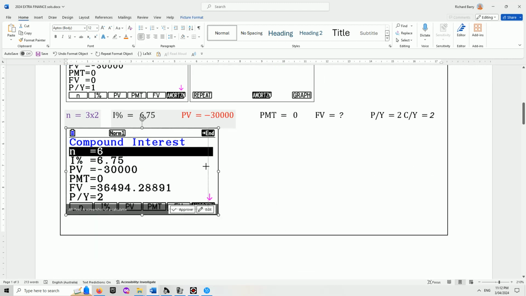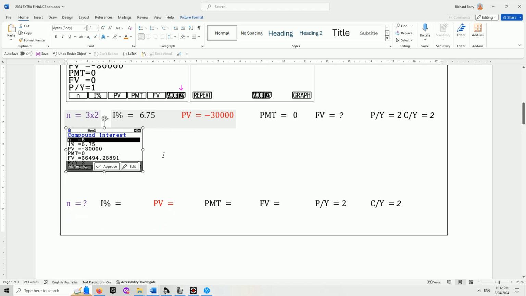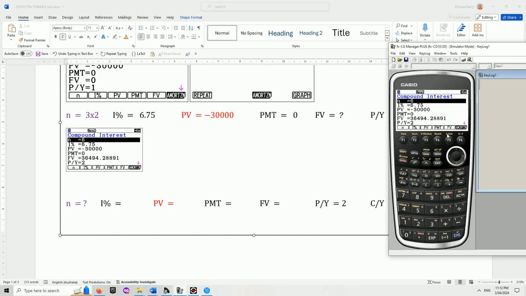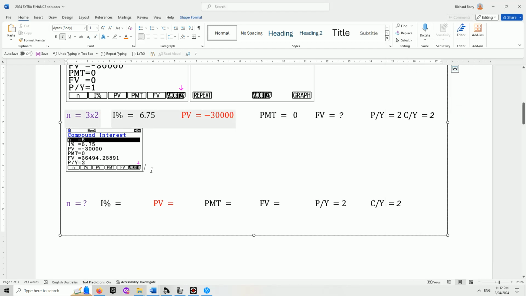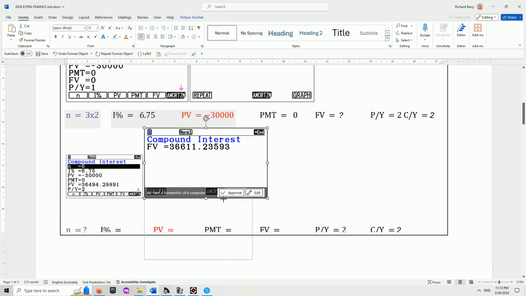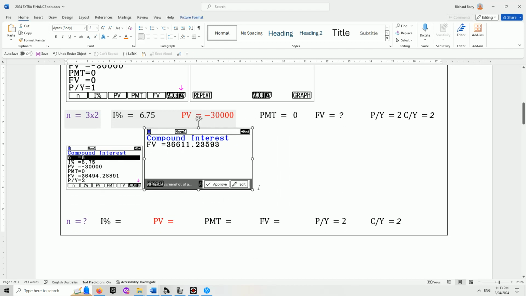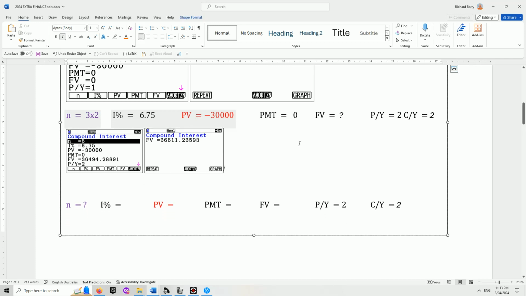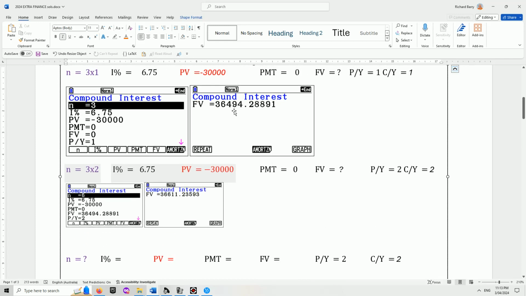Just make it small so we can see what's going on. And we'll now go and look at future value. My guess is that this will be slightly more. So previous question was 36,400, yeah, it's 36,600, slightly more.